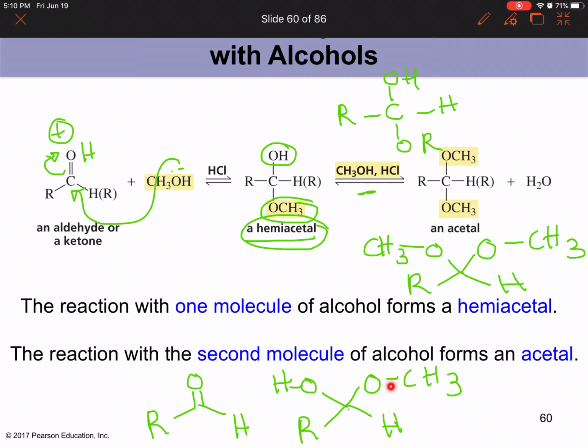That is a hemiacetal, or you can just consider it a half acetal. And an acetal is a carbon with two oxygens attached to it, both of them having alkyl groups. So two molecules of methanol form an acetal group. The reaction with one molecule of alcohol forms a hemiacetal. With the second molecule it forms an acetal.